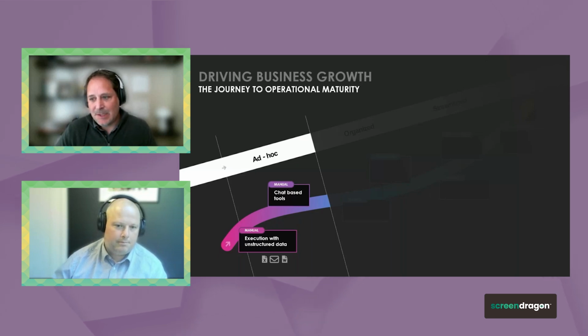And one of the things that I see often, and this ties directly into that, is that adoption of a tool is a key indicator. If you have very low adoption, you're looking at the scenario of ad hoc. You have a few people doing all of the input for everyone, managing everything for everyone. That may or may not be the best way for you.